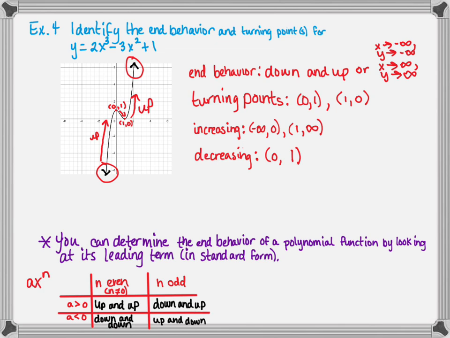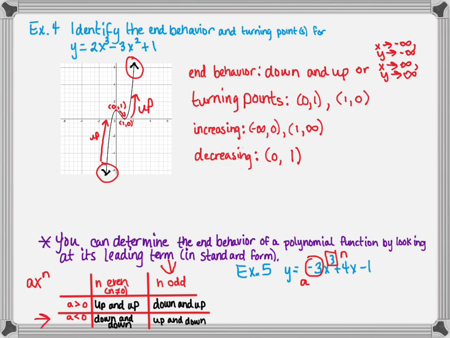So for example, if we have y equals negative 3x cubed plus 4x minus 1, we need to look at the leading term, which has degree 3. That's our n. 3 is odd. So we're looking in the odd column. And our leading coefficient is negative 3. So that's a is less than 0.